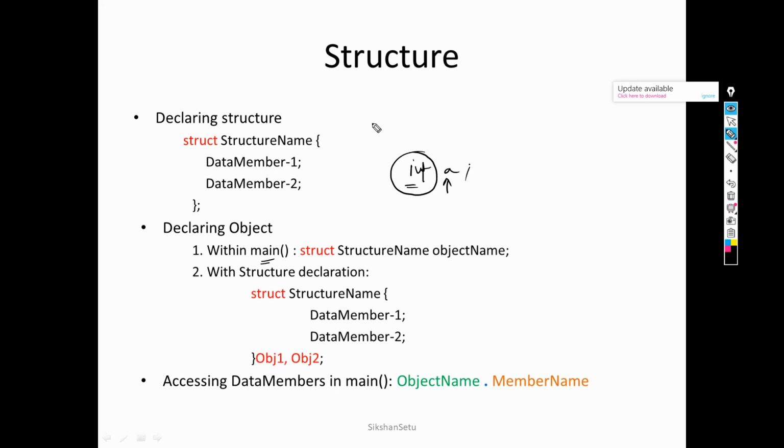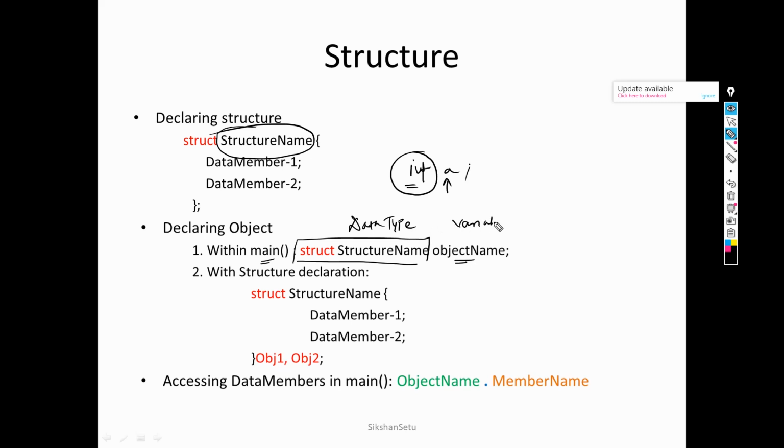This structure is a user defined type because the structure name is given by the user. So here, struct and the structure name play the role of the data type.